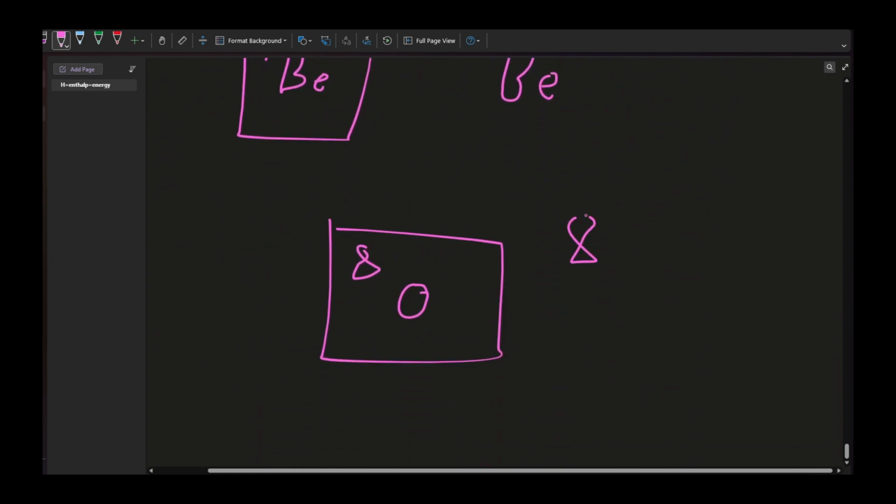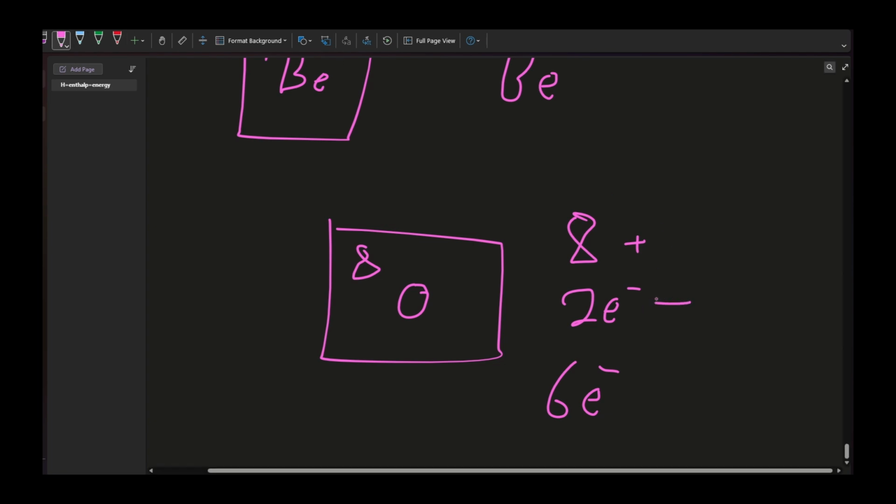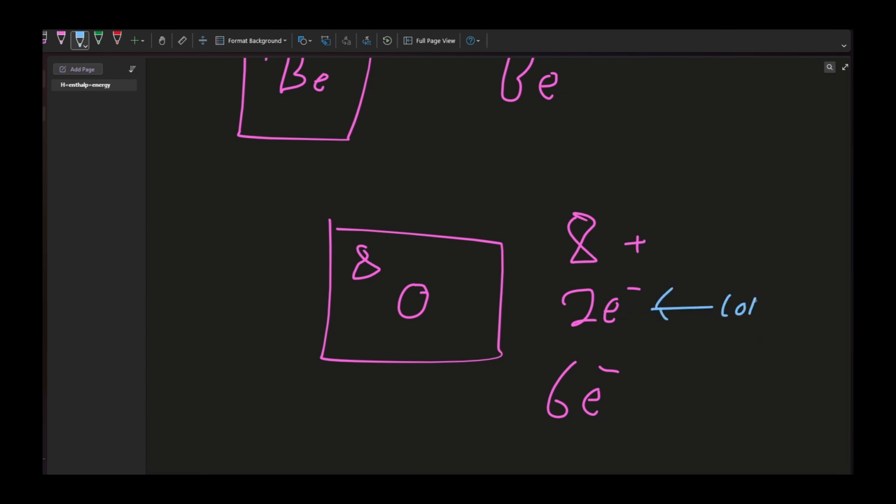So we have 8 plus charges in the nucleus and 2 electron minus charges in the inner shell, and then 6 electron minus charges in the valence shell. Actually, I meant to say core here. Let me change my color. So this would be my core electrons, and these are my valence electrons because they exist in the outermost shell.